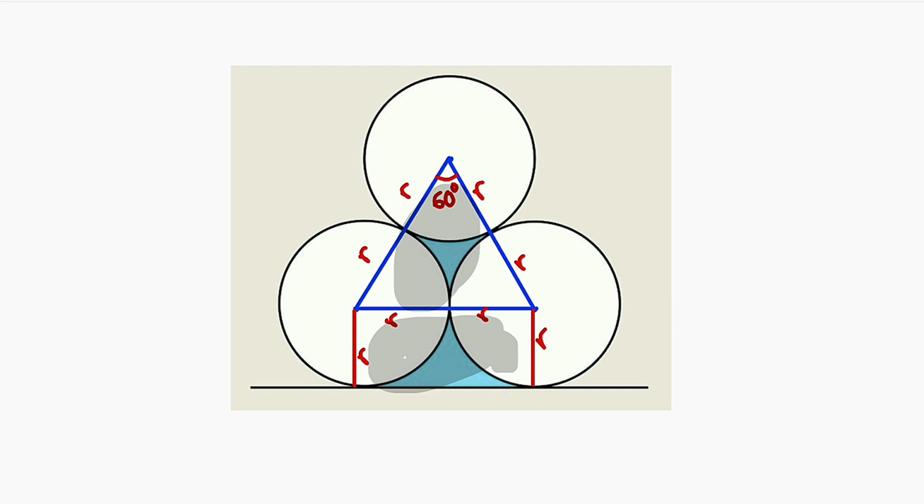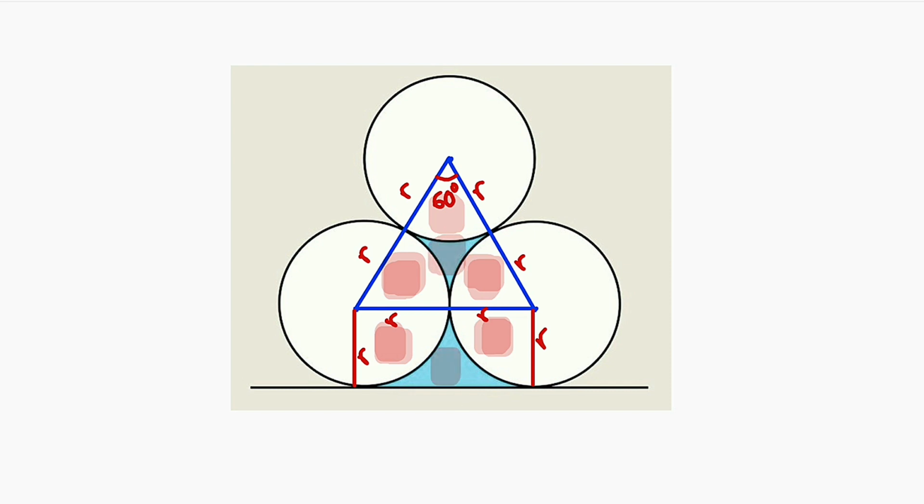So if we are able to find the area of this triangle and this rectangle, at the same time, subtract the area of the sectors, because you see this is a sector, this is also a sector. Likewise, this, and this. All of these are sectors. So we have 3 identical sectors and 2 identical ones. Once we can get them out from the total area of the triangle and rectangle, what is left is said to be the area of the blue region.